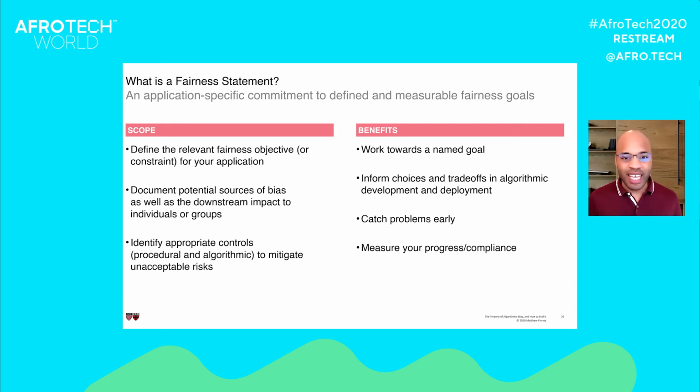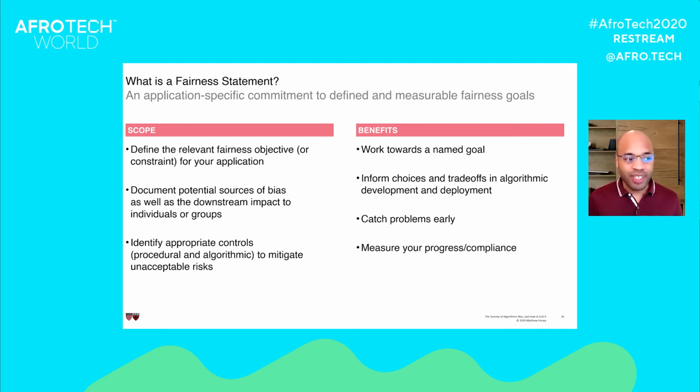Finally, once we've documented the source of biases, we can identify appropriate procedural and technical controls that we would take to mitigate the unacceptable risks, right? So that could be, for example, implementing one of the classes of fair algorithms that we discussed before.